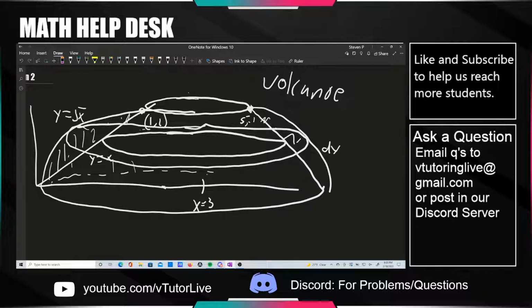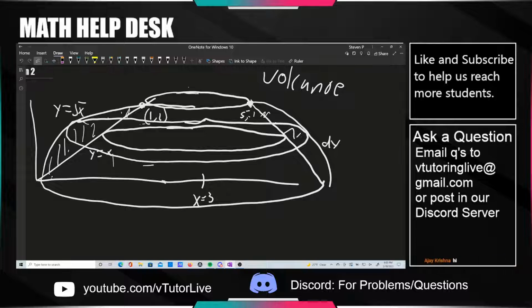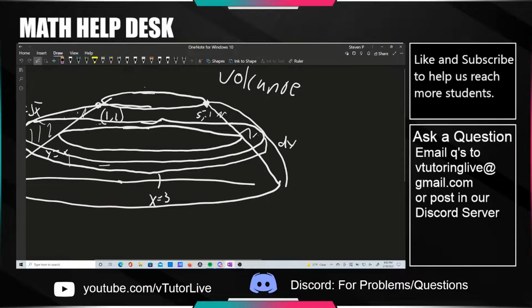But the point is, if we're being asked to find the volume, we're going to try to add up each one of these little washer things that have such and such area, right? The area is going to be the difference between the outer circle minus the inner circle, and the height is just going to be some little dy. Okay, maybe I will draw it. So this little thing has a height here. I'm going to draw it off to the side at a different scale.